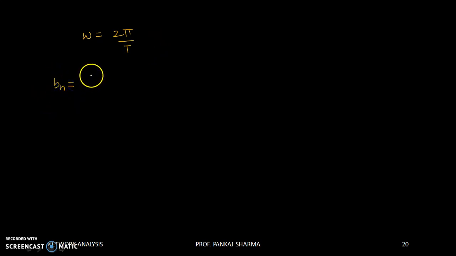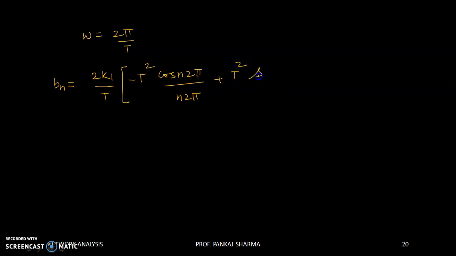Bn is equal to 2 k1 by T square, minus T square cos n 2 pi upon n 2 pi plus T square sin n 2 pi upon n 2 pi whole square.